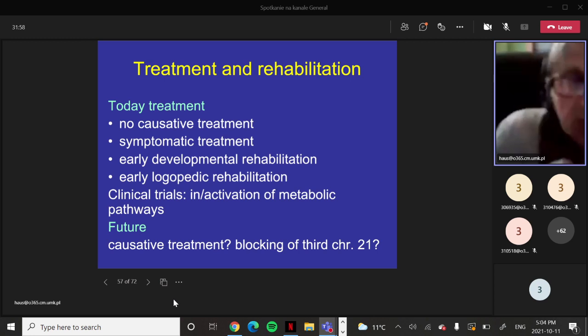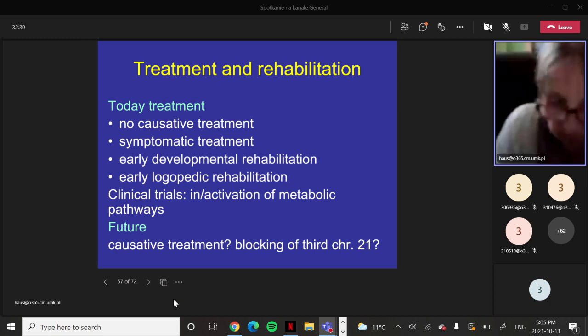Okay. And what else about treatment? There are many clinical trials which deal with activation or inactivation of metabolic pathways which are changed in Down syndrome. Down syndrome means trisomy 21. Trisomy 21 means 3 copies of about 400 genes.